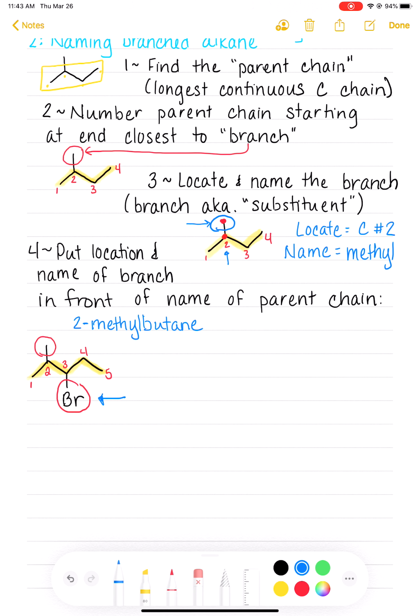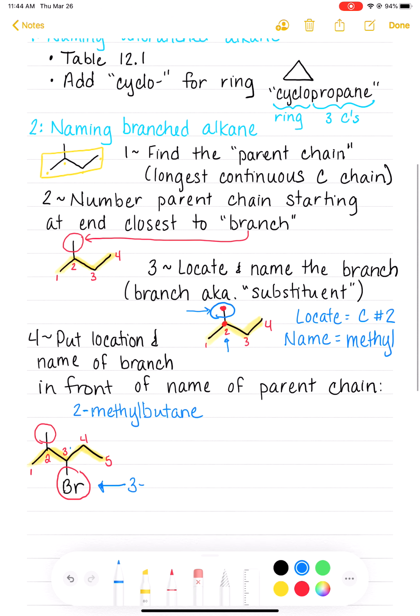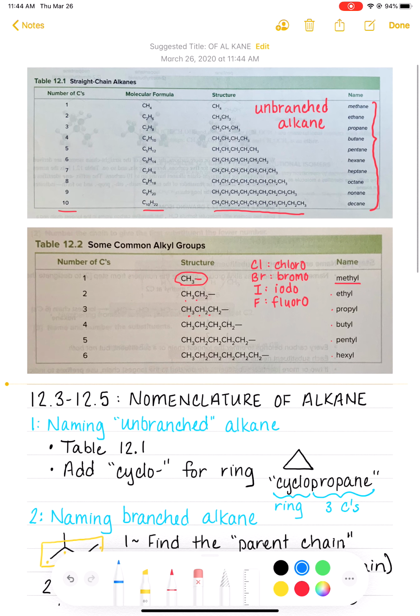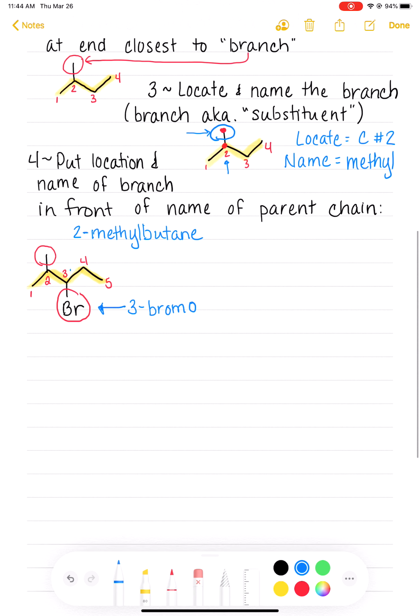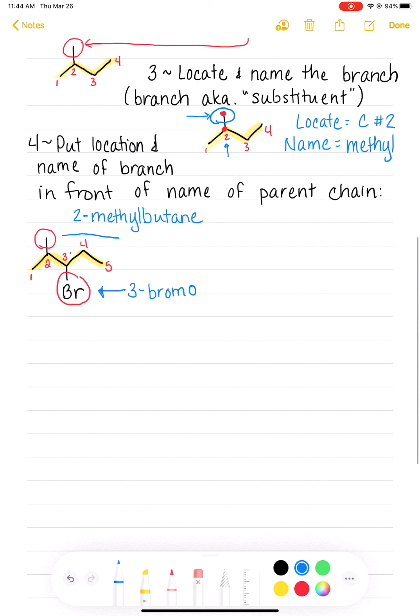So that substituent's location is on carbon number 3, and its name, let's look back up at the names. Its name is bromo. Br, bromine, as a branch is bromo. So this is 3-bromo. Let's name our other branch.